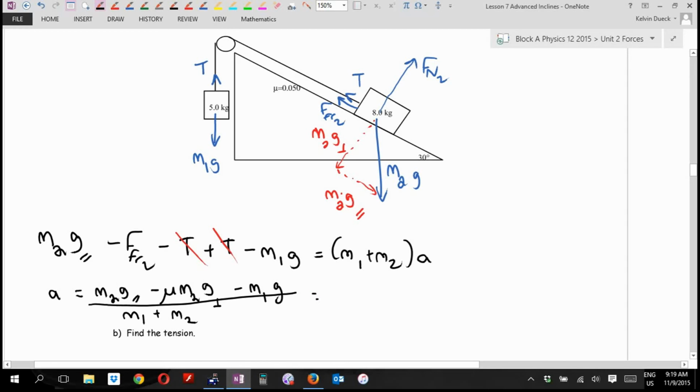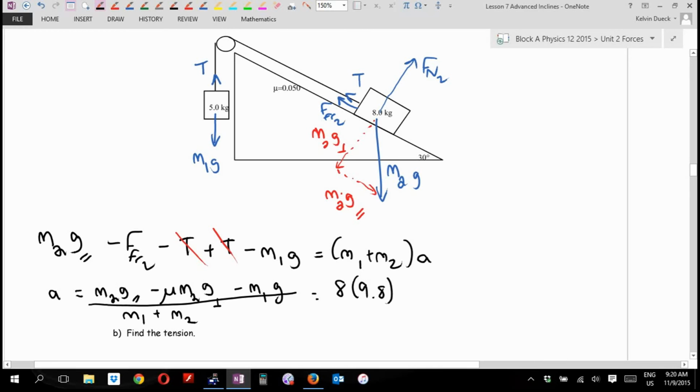M2, 8 times 9.8 sine 30, minus, what's mu, 0.05, times 8 times 9.8 cos 30, and then minus M1G.